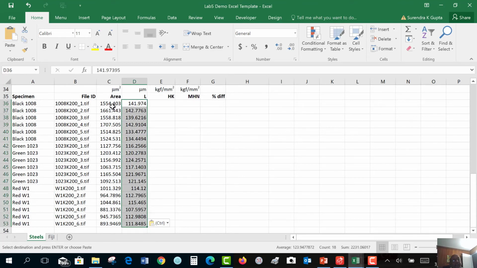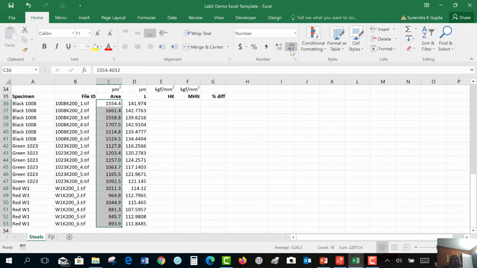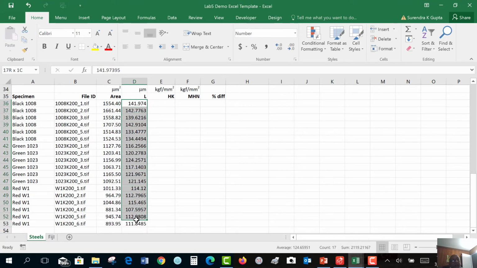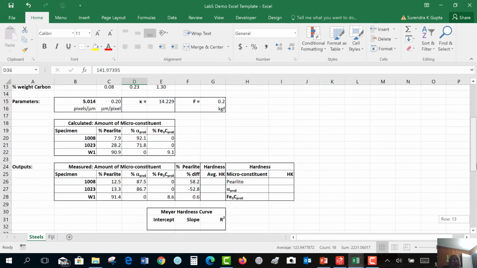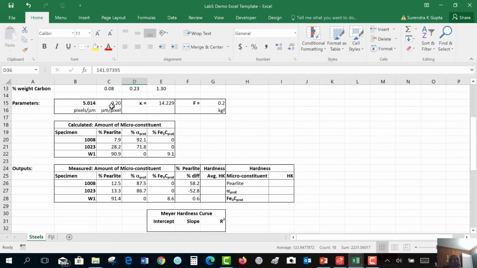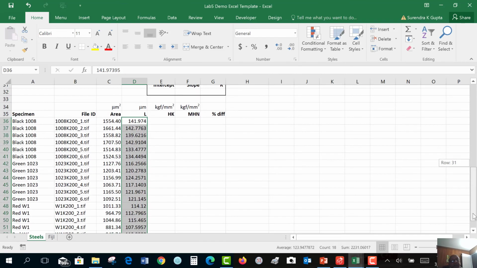Okay, let's adjust some. We have only 5 digits here, so let's adjust this. Now notice we can only measure length up to 0.2 microns, right? That was our resolution.